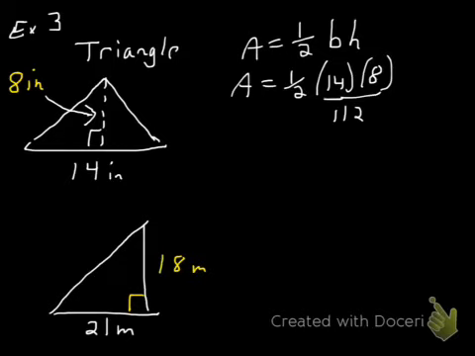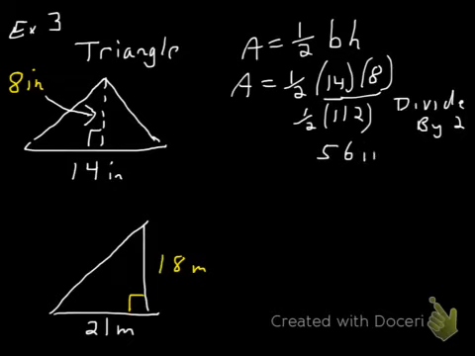And then half of that, divide by 2. So 112 divided by 2 is 56. And this is inches squared.